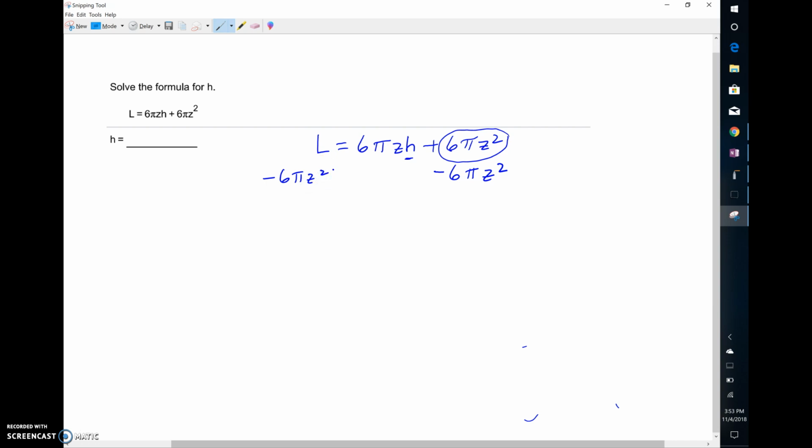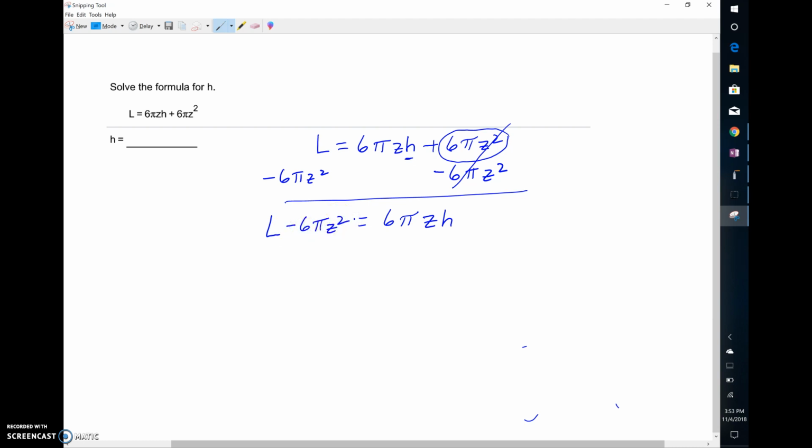And you notice that 6 pi z squared minus 6 pi z squared will be 0. So we're left with 6 pi z and h is equal to L minus 6 pi z squared.